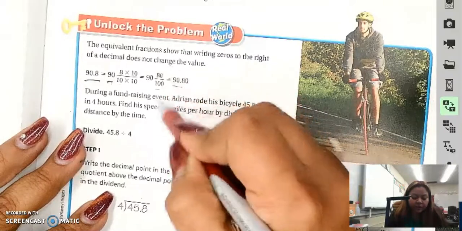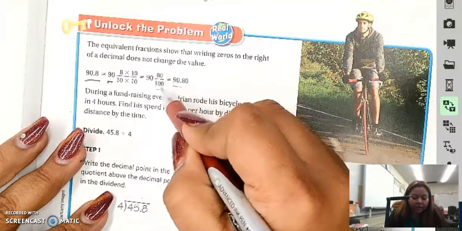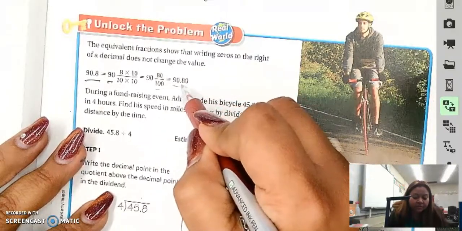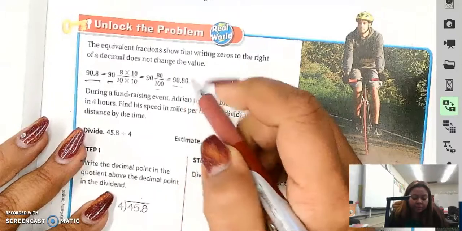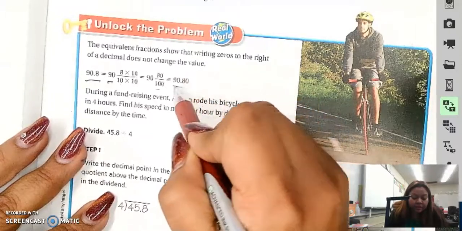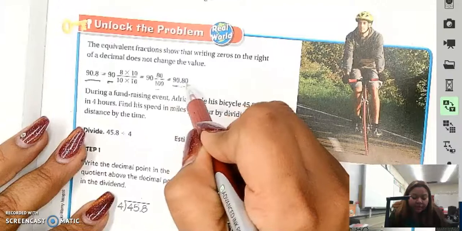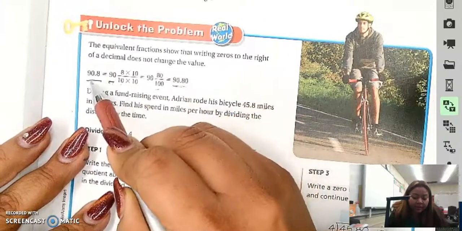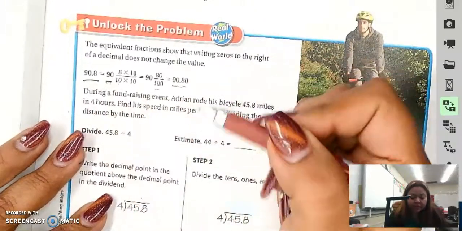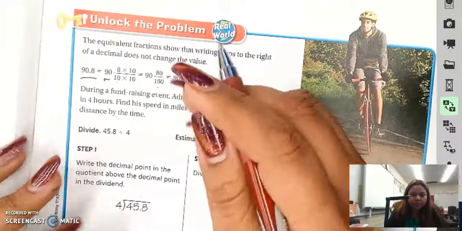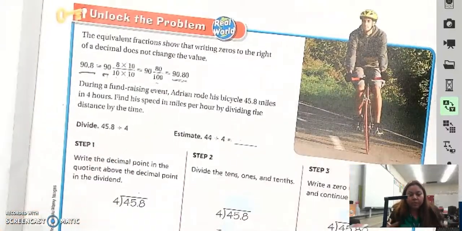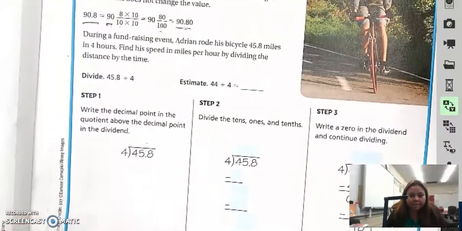And 80 over 100 is the same thing as 0.80. It has the same value as 90.80, the same thing as 90.8. So that's the reason why it works that way.